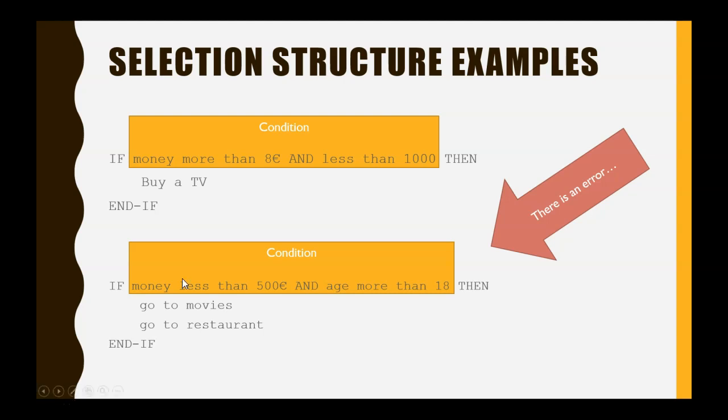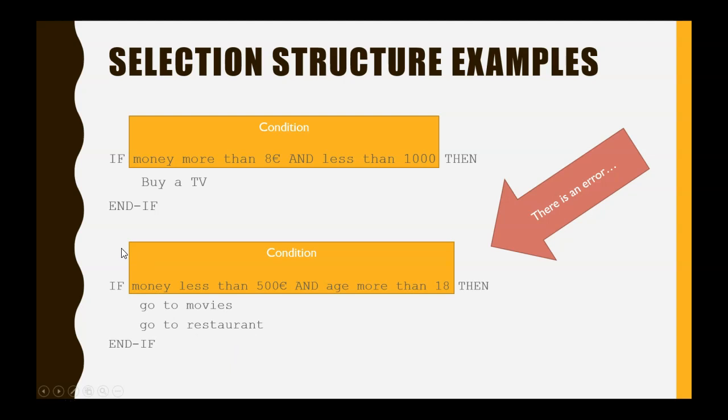So, if we have, for example, 100 euros, the first condition, money less than 500, okay, we have 100 euros, it will pass that condition, and age more than 18, okay, I'm older than 18 years old, so I go to movies and restaurant, everything is okay.